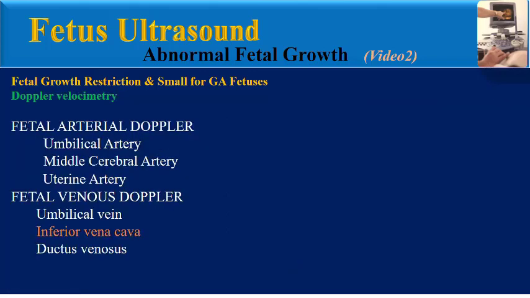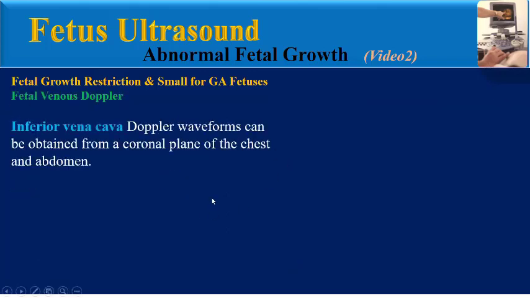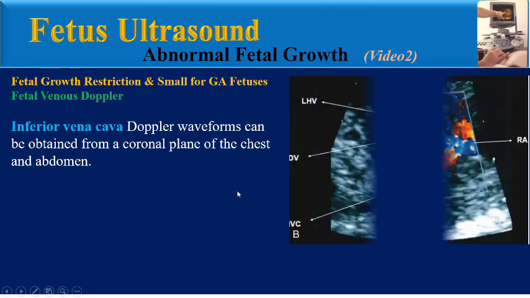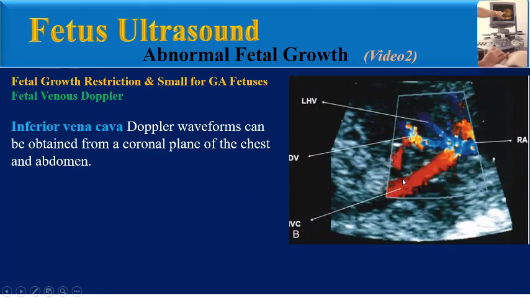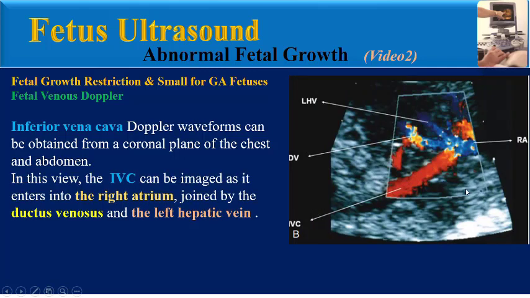Inferior vena cava. Inferior vena cava Doppler waveforms can be obtained from a coronal plane of the chest and abdomen. In this view, the IVC can be imaged as it enters into the right atrium joined by the ductus venosus and left hepatic vein.